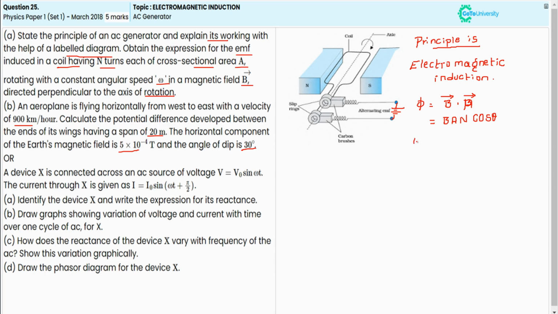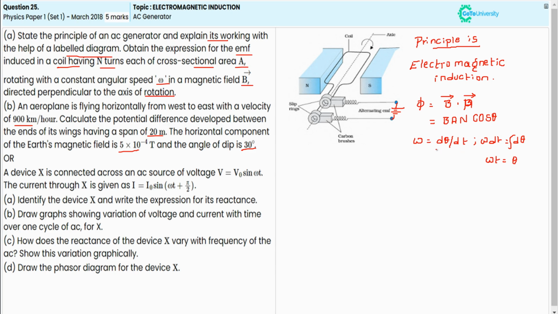We know that omega is equal to d theta by dt, so omega dt is equal to d theta, and integrating, omega t is equal to theta.